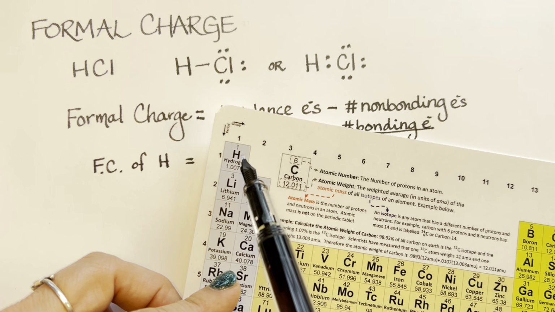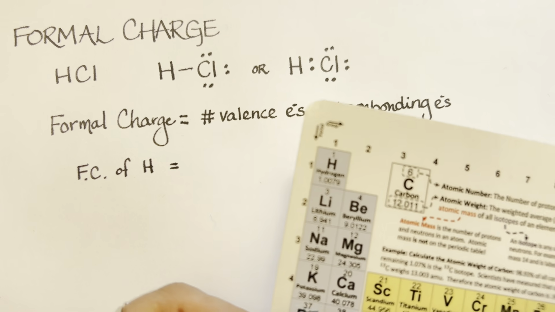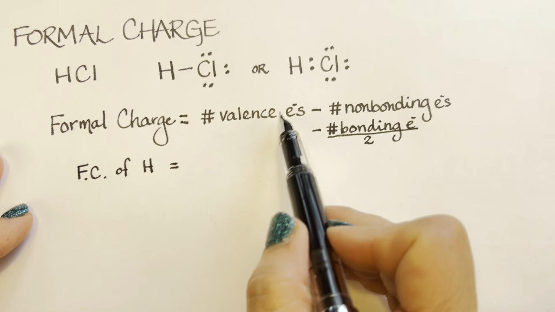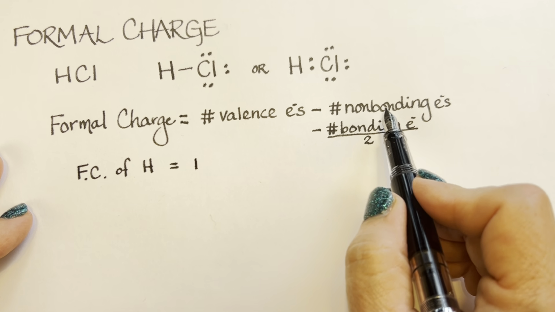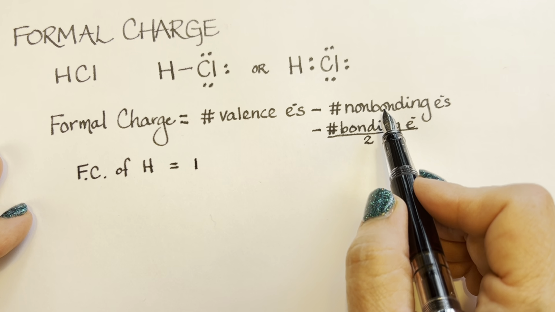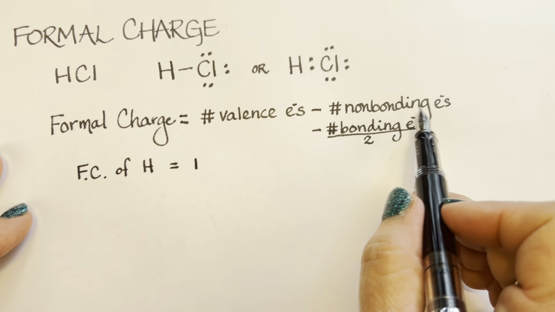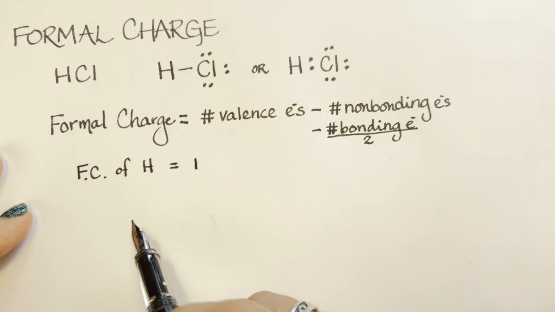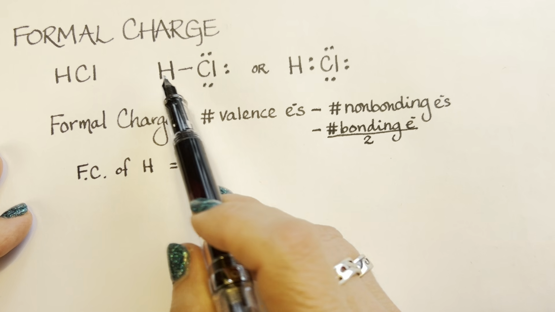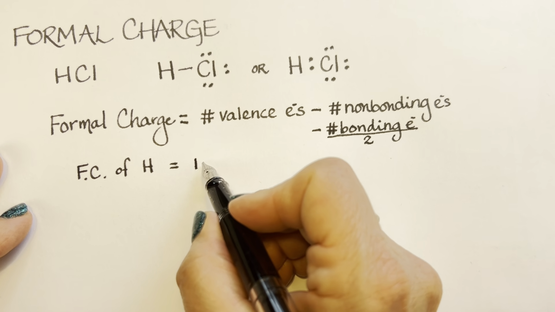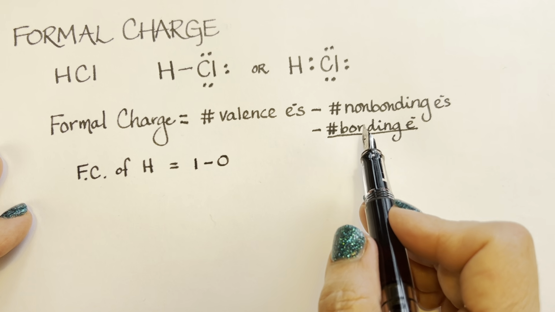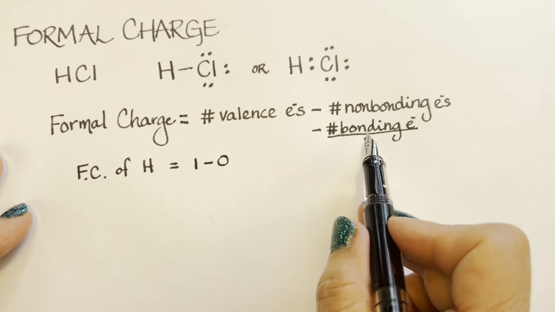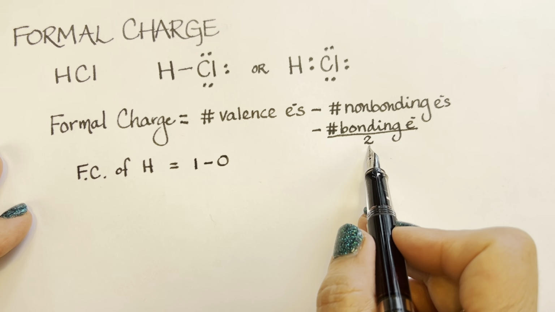It has that one valence electron, so that will be 1. Then we subtract out the number of non-bonding electrons. Usually we see that in lone pairs. Hydrogen does not have any lone pairs, so 0. And then we subtract the number of bonding electrons divided by 2.